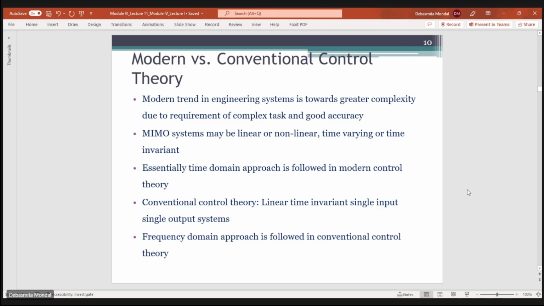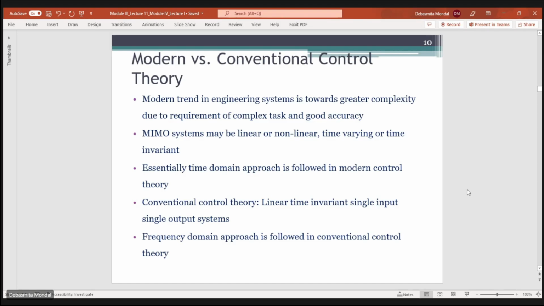But the moment you move away from the conventional system and come to practical life, a big control system might consist of multiple inputs and multiple outputs. That is different from the conventional control system, and that is known as modern control theory.